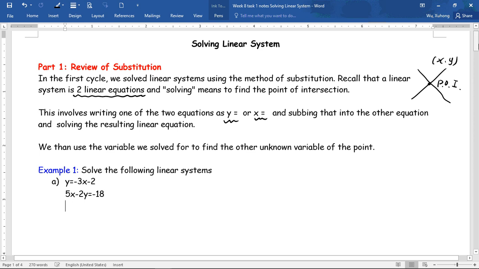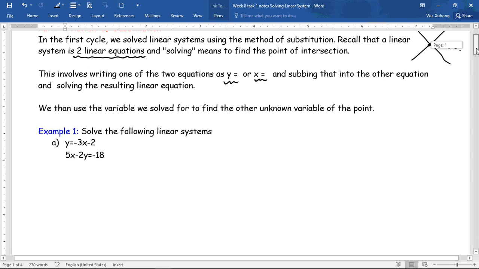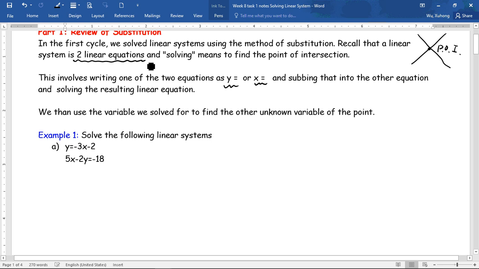So we are going to see how to use the substitution method to solve the following linear system. This means you are looking for the point of intersection. We call these equation 1 and equation 2, and we are looking for x or y isolated by itself. The first one, yes, y is by itself, so y is isolated. Then we substitute this y into the other equation.